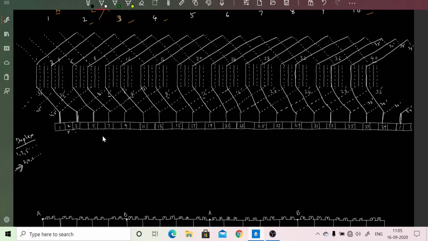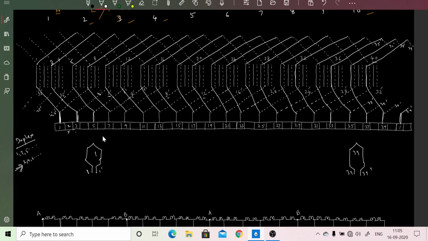So we have started at 1. The first coil is started at 1 here, and the last coil, the 39th coil, its coil sides are 39 and 39 dash.